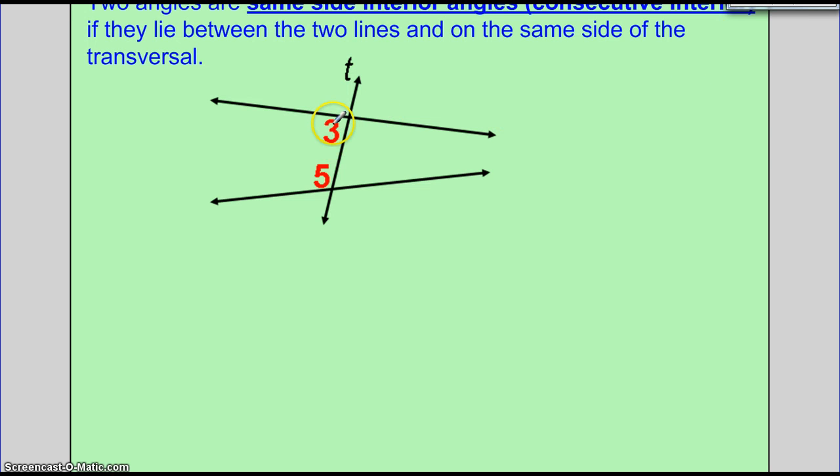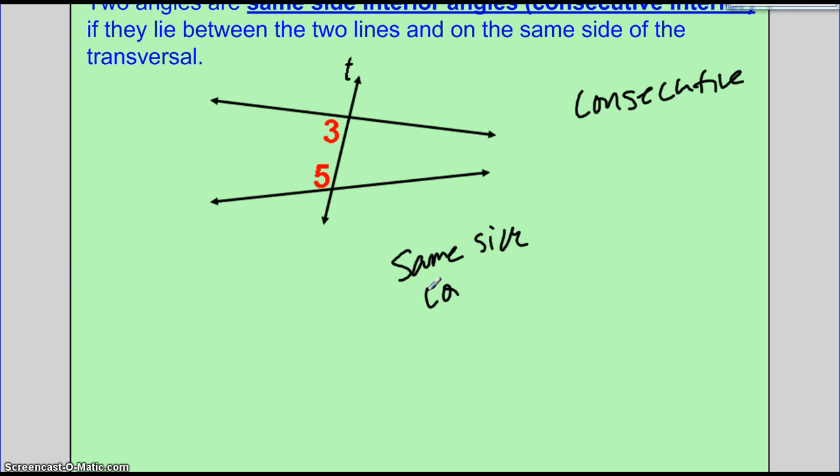Now, same side interior or consecutive is the word they use a lot. 3 and 5 are consecutive interior angles, so usually same side or consecutive means supplementary. Okay?